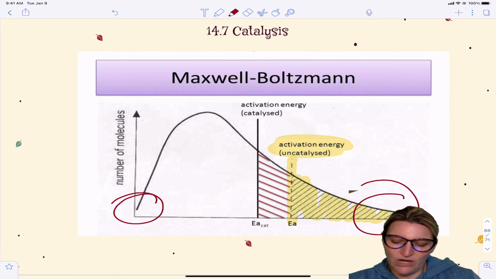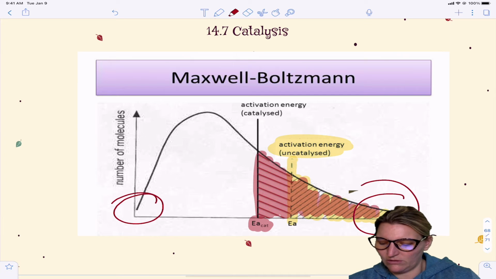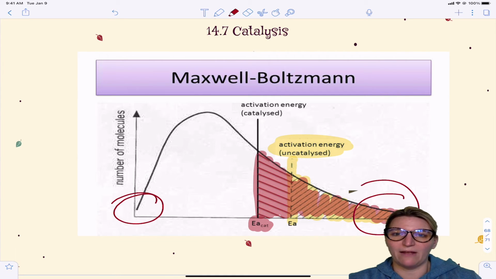Notice I haven't changed the distribution at all, so this is at the same temperature. If I add a catalyst and lower the activation energy, now there are all of these molecules that have enough energy to overcome the activation energy. Therefore, the reaction will proceed much quicker.